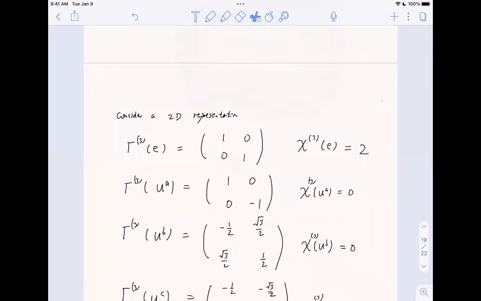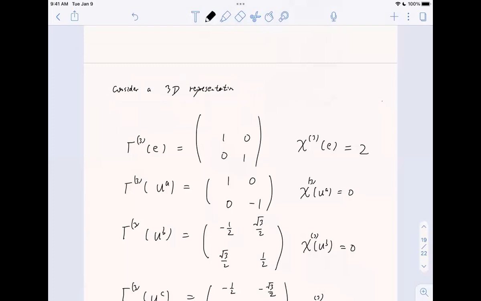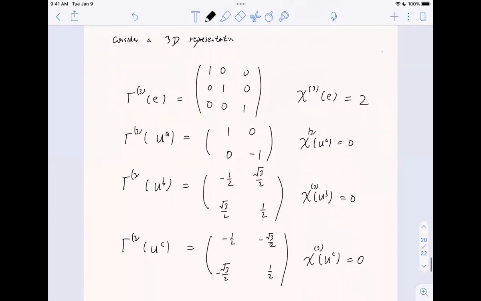If you can see the 3D representation, all you need to do is make it into a block form. You add a 1 here.